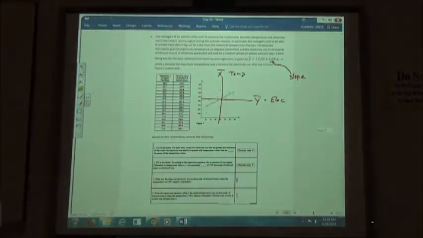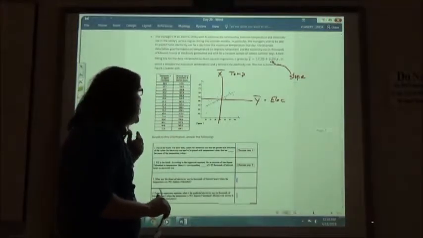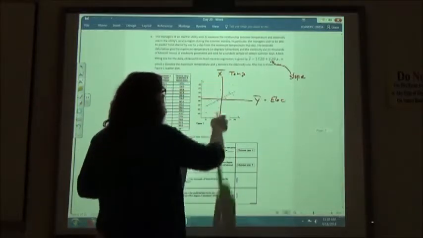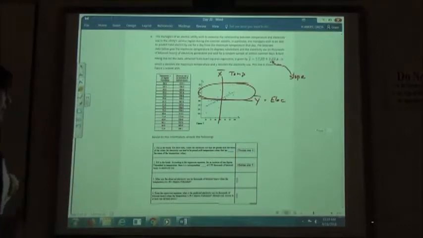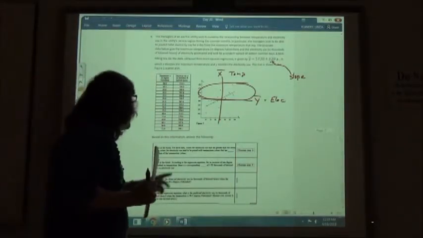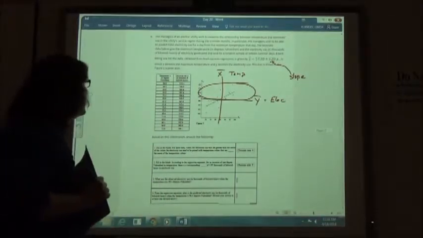So for the data values for electricity use that are greater than the mean, so this time I'm doing greater than the mean of the electricity use, I'm doing the values that are above that mean line. For the values that are greater than the mean of the electricity use, they tend to be paired with temperatures that are greater than or less than the mean.